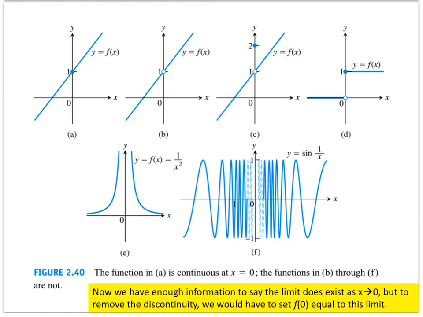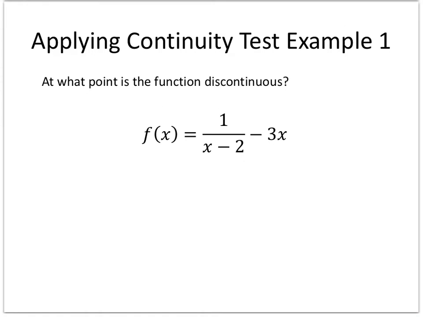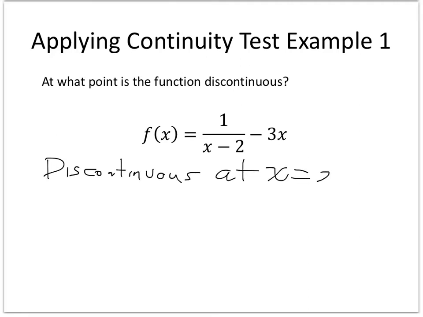All right, so at what point is the function discontinuous? From what you remember from domains and all that good stuff, this is discontinuous. I heard a 2, at x equals 2. You know that from probably algebra because that value is not in your domain.